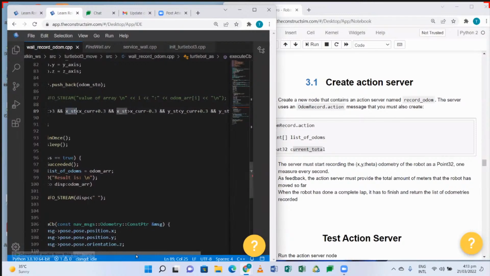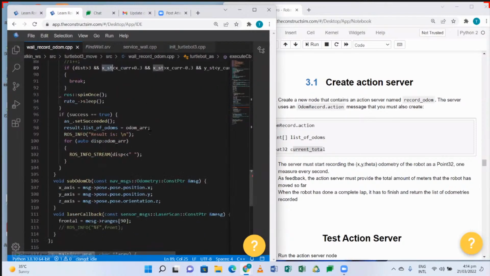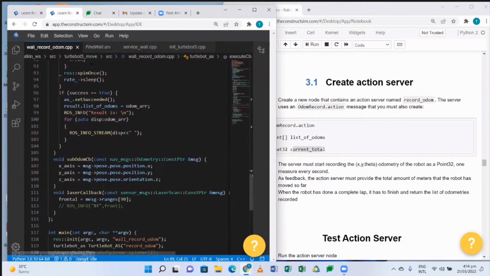I see. So it detects the lap. Yes, it detects the lap, and it will break from over here, and it will keep spinning so that it can update the odom values.